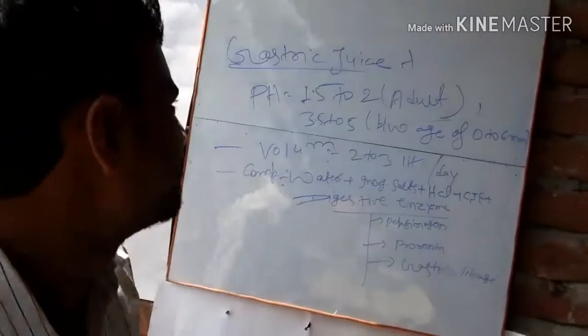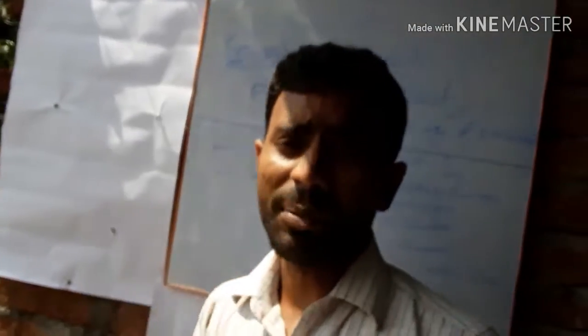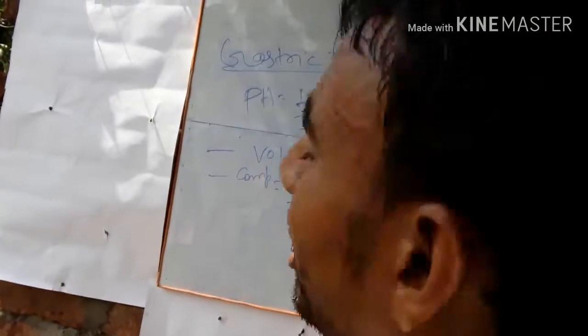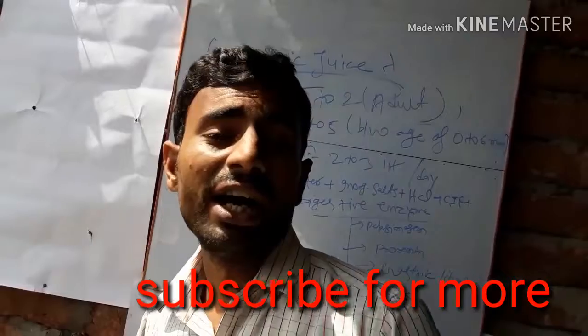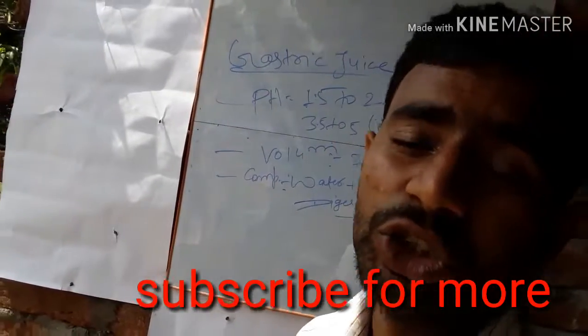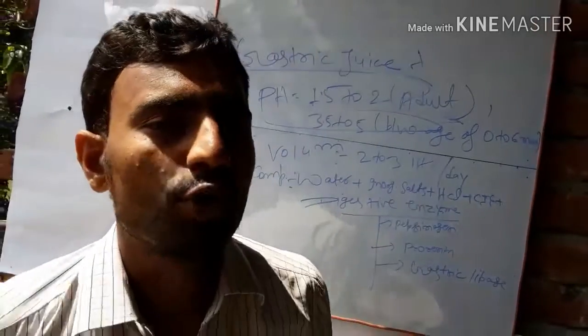Now, we will talk about gastric juice, that is the product of the gastric gland. Its pH is 1.5 to 2 in the adult, but in babies aged 0 to 6 months, its pH is 3.5 to 5.